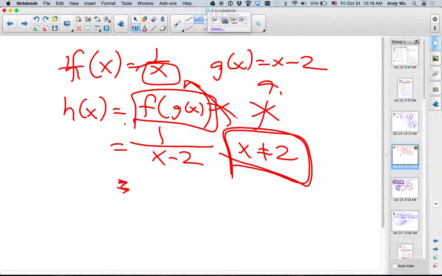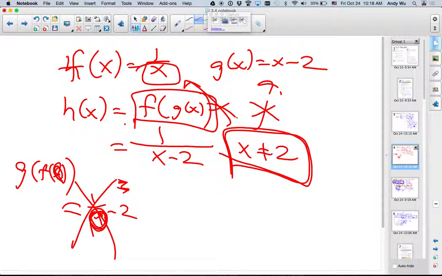If it's g of f of x, then the moment you put the product into the factory, what you have is 1 over x minus 2. It cannot be 0 because this breaks your machine.